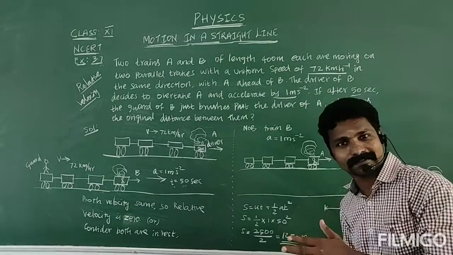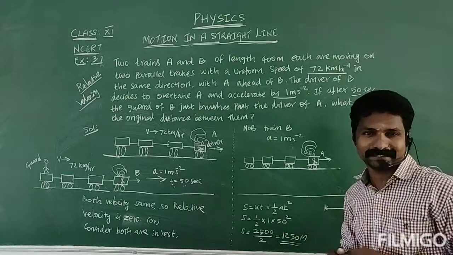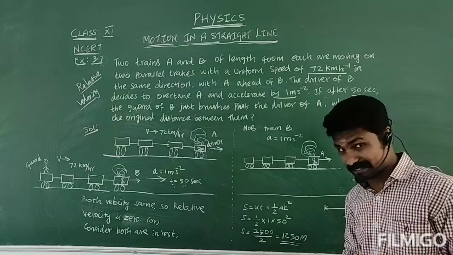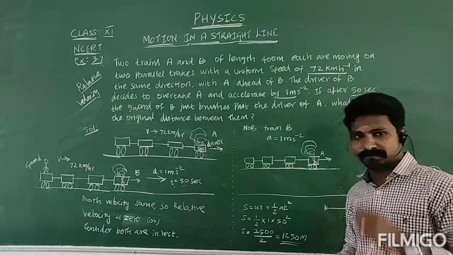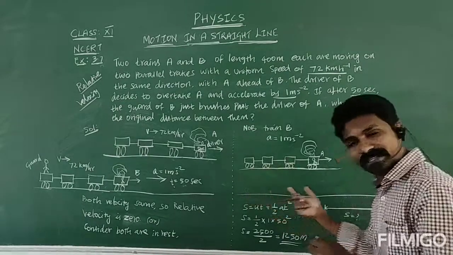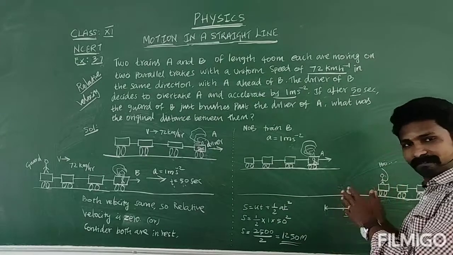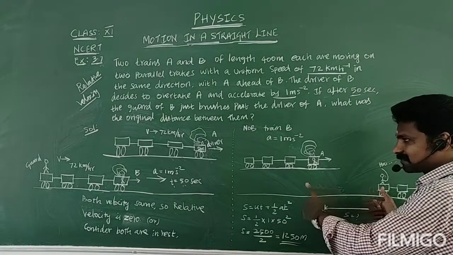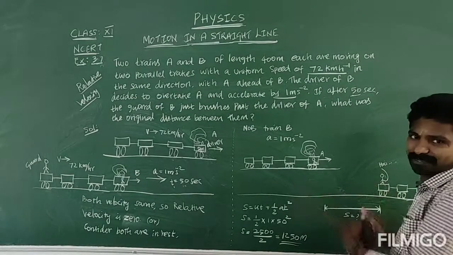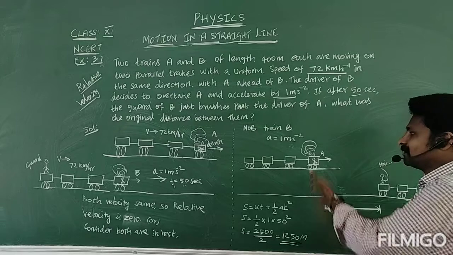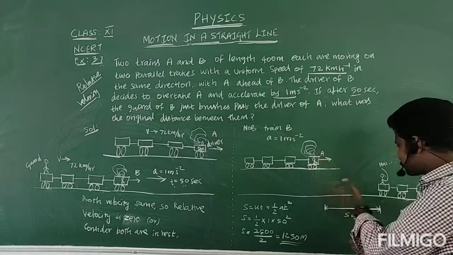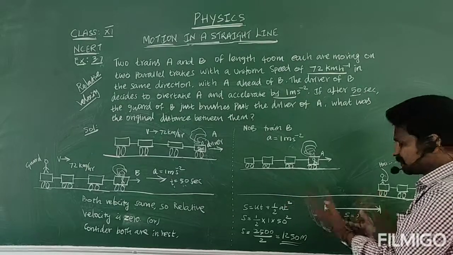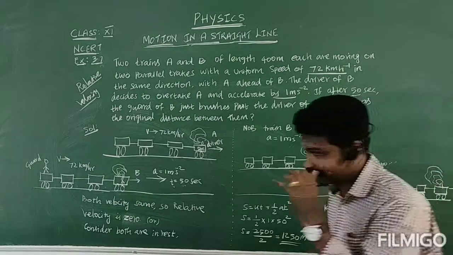Train B decides to overtake train A, so he accelerates 1 meter per second square for 50 seconds. Then after 50 seconds, train B has overtaken train A. So what is the distance between train A and B? We can also say the distance between the driver of train A and the guard of train B. That distance is asked. That is the question.